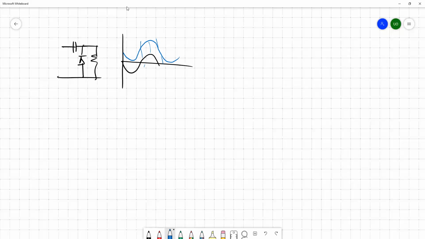If it is a square wave, we'll end up with this kind of output. Initially, there may be a kind of a transition period where this capacitor gets charged and makes the circuit produce the required voltage.